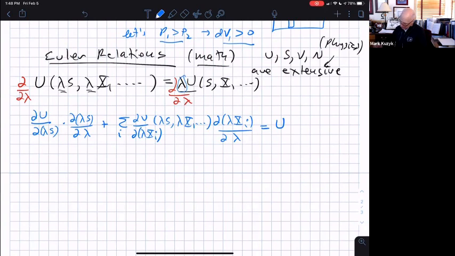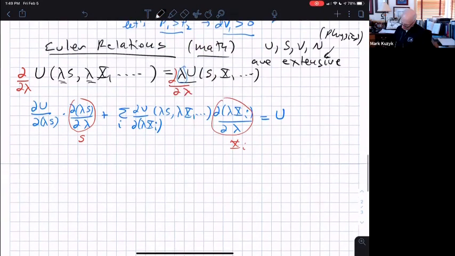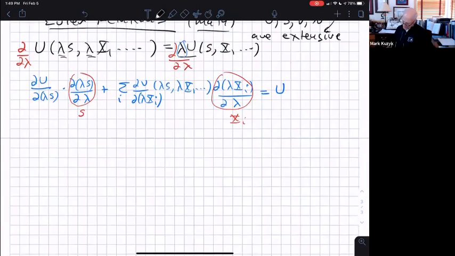Good. Now, the other thing we'll find is that when I take this derivative, that just gives me s, right? And then this derivative here will just give me x_i. So when I'm done, I'm going to get a pretty amazing result. Let me label the other thing here.